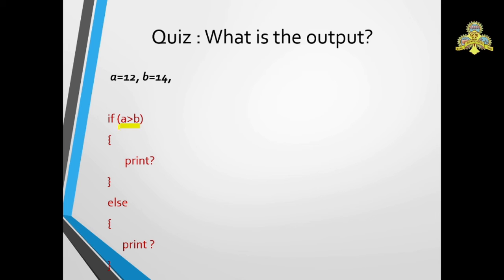If this condition becomes true, then you have to print the value dash. If this condition becomes false, you have to write the else part of this statement. You will have 1 minute of time. Just answer for the true part and false part of this if statement.